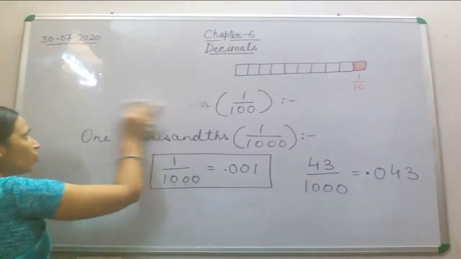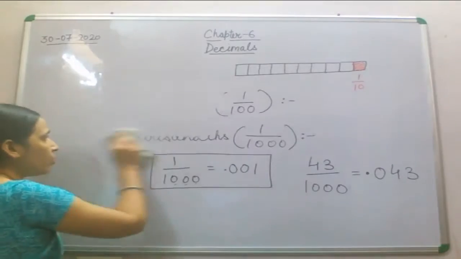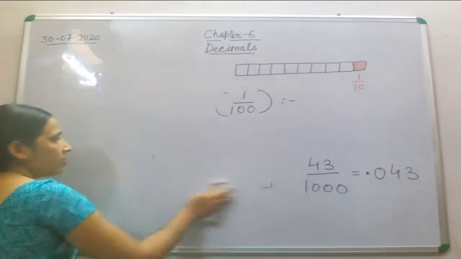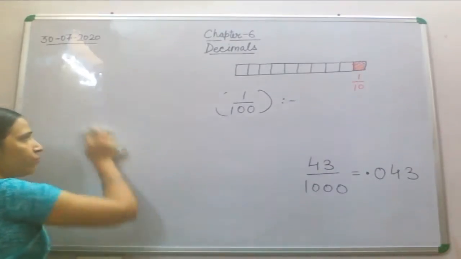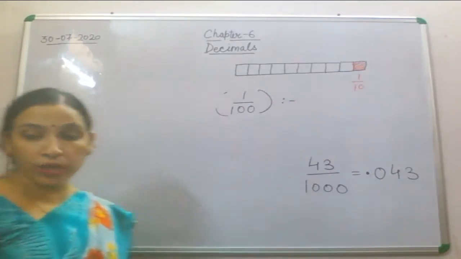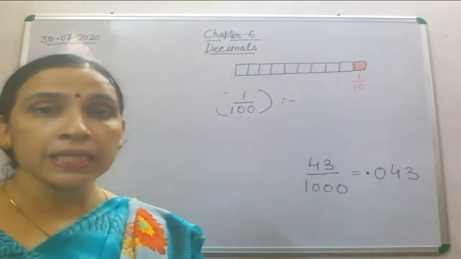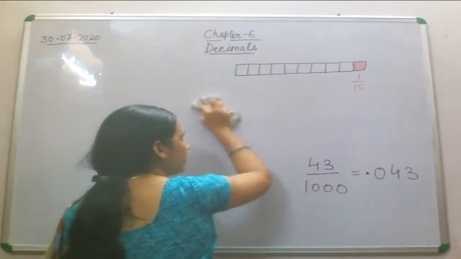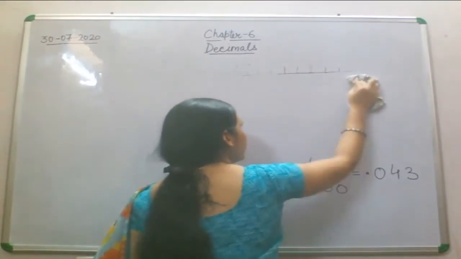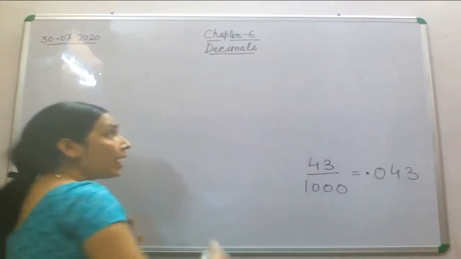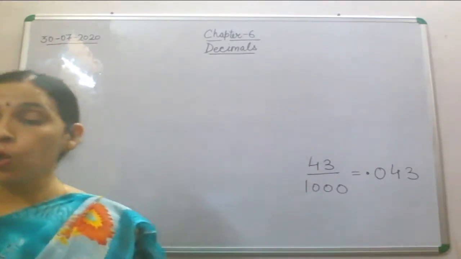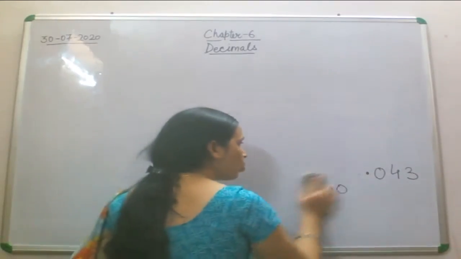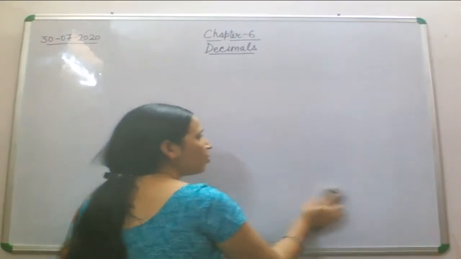Today we are going to see an introduction to a few of these questions. See, this is very important. If you think this introduction is not important, it is not like that. You must understand what it is. What do you mean by 1/10th, what do you mean by 1/100th? It will help you solve questions quickly. If you understand the concept, then there is no problem in any kind of question.